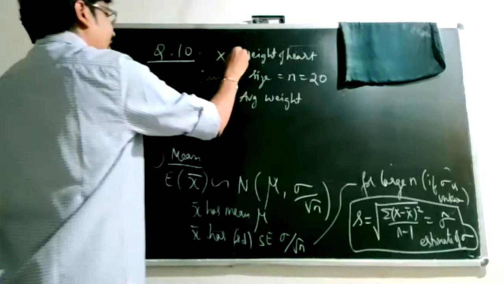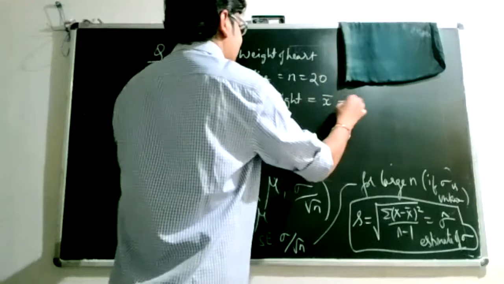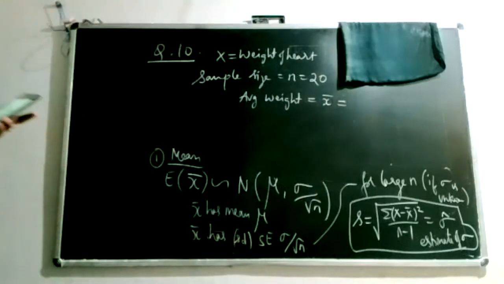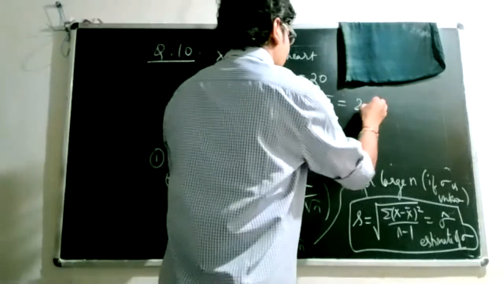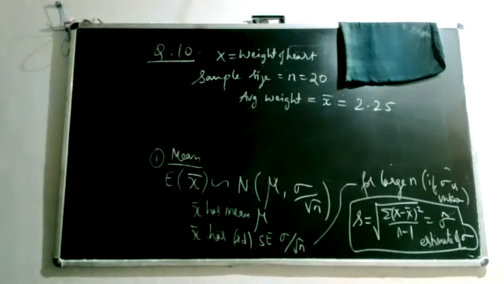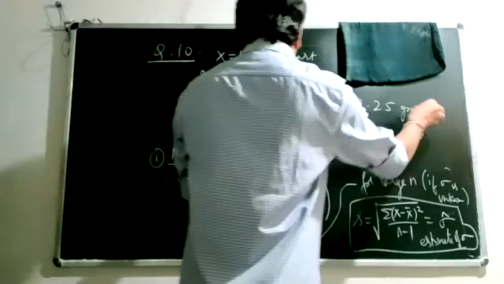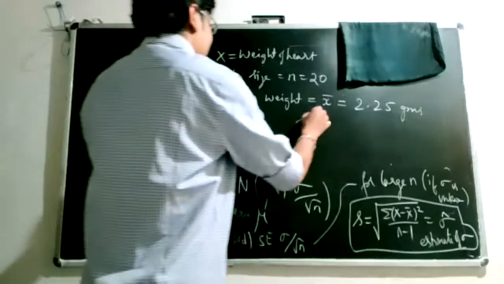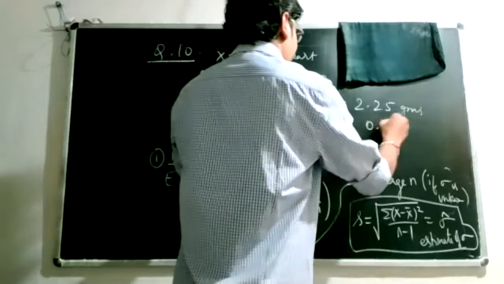That is the variable here. Since I have taken x as the variable name, I'll use x bar, because it is the mean for this sample. They are giving you the mean for the 20 rats selected: 2.25 grams with a standard deviation of 0.56 grams.